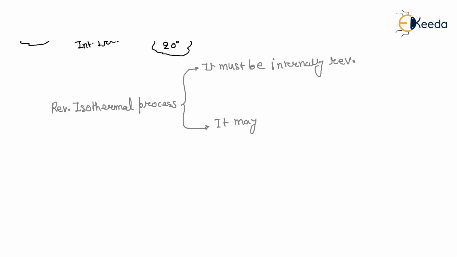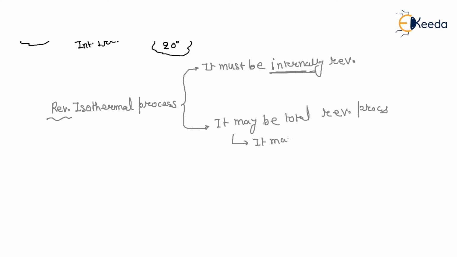It may be total reversible. So if we say reversible, that means internally or totally. But if you say reversible, it must be internal. It need not be total reversible. That means it may not be.